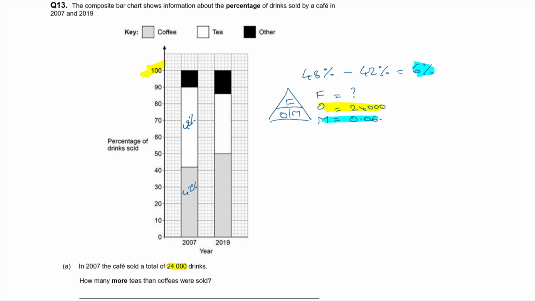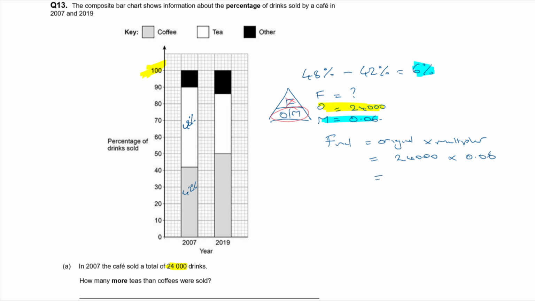Okay, so what I want then is final equals original, covering up the thing I want to find. Look, got final is original times multiplier. So it's going to be 24,000 times 0.06.